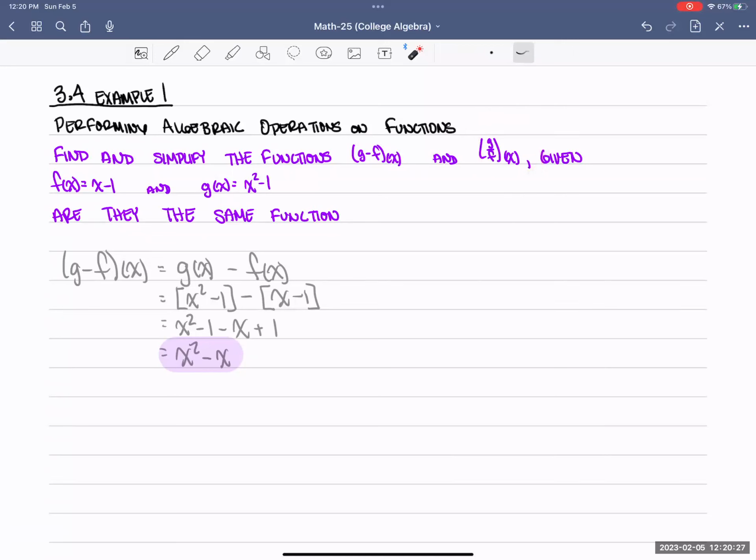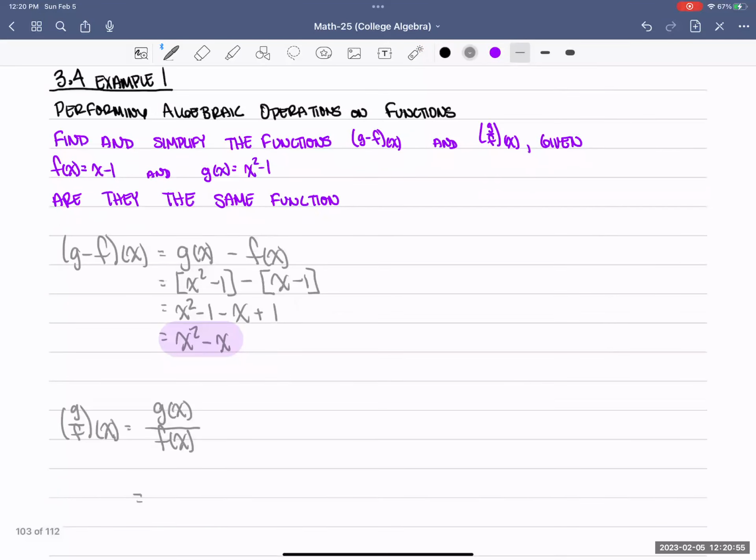g divided by f of x. So g divided by f of x. And here we're looking at the function g of x. The action here is going to be to divide, and we're dividing f of x. So the way that we could state this is g of x divided by f of x.